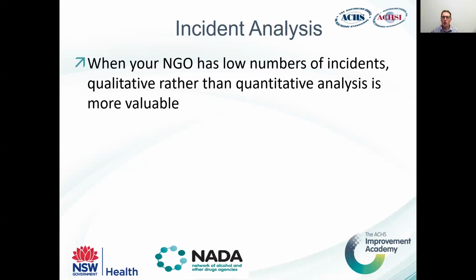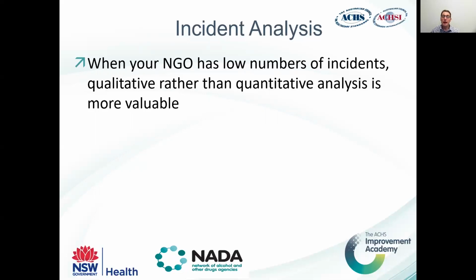Say if they've had 10 incidents happen for this 6 months and they had 8 happening the previous 6 months, not to worry too much about those raw numbers, but really to provide descriptive, qualitative analyses of what's happening and why. If you are getting dozens or 100 or something like that of incidents occurring, then you might concentrate on numbers a bit more, but with the low numbers of incidents, be more descriptive.